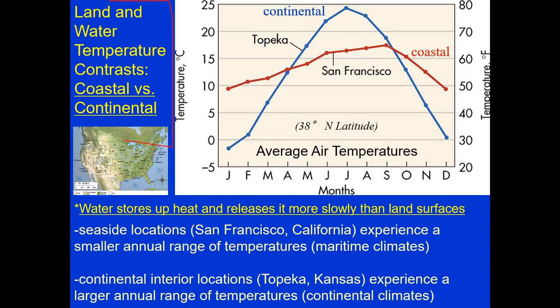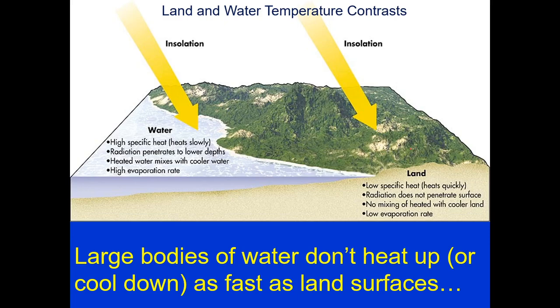Remember, land and water temperatures, coastal versus continental interiors. You'll notice that Topeka, Kansas has a much higher temperature extreme than San Francisco. San Francisco has much more even temperatures over the course of the months, much less seasonal variation. That is due to it being coastal rather than in the center of a continent, even though they are both at exactly 38 degrees north latitude.